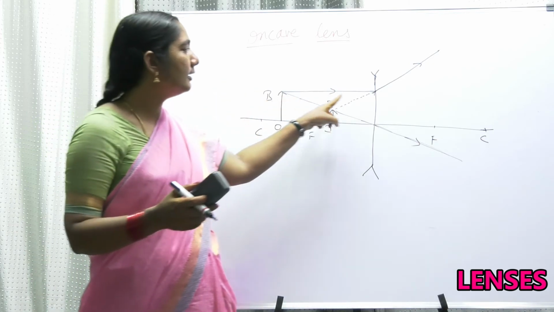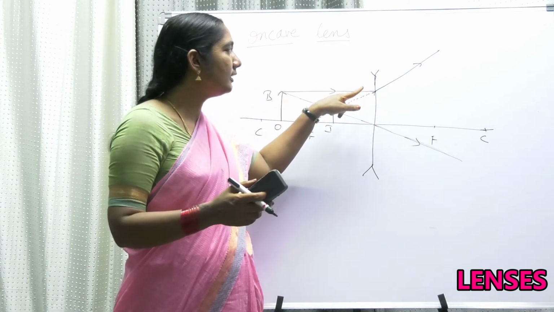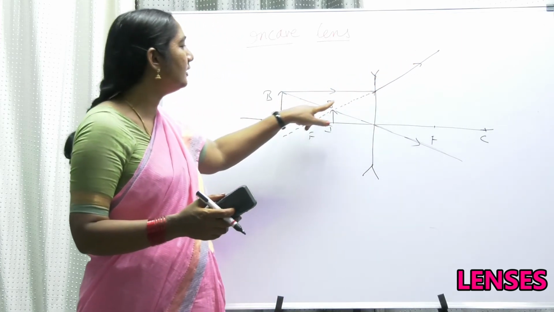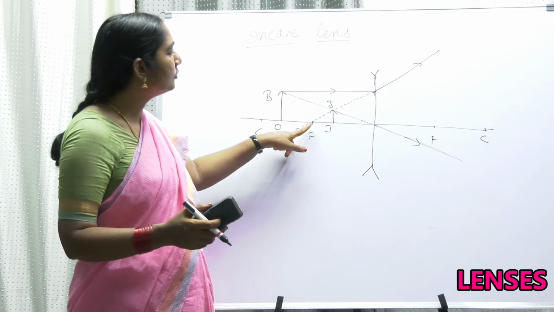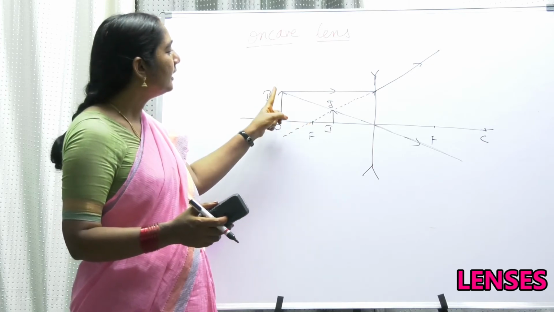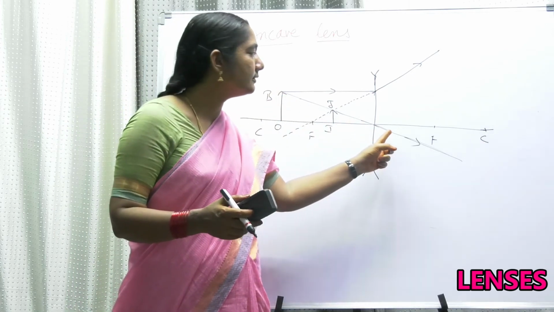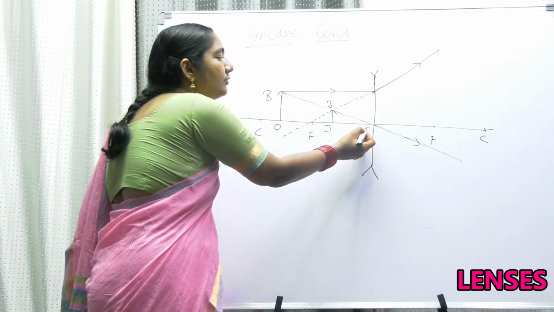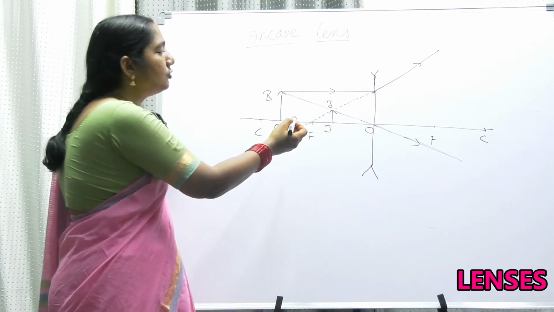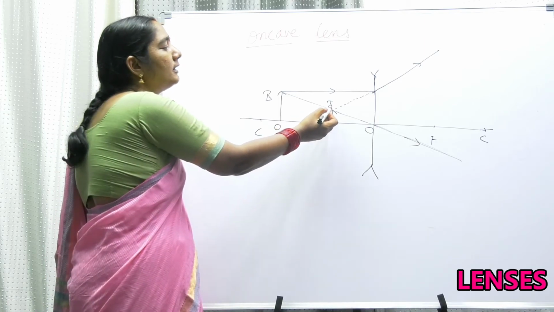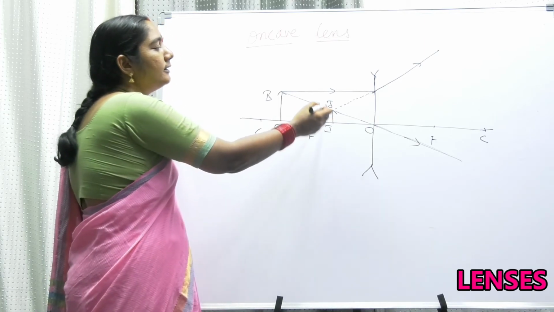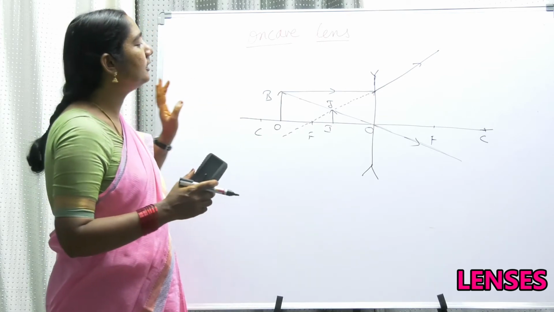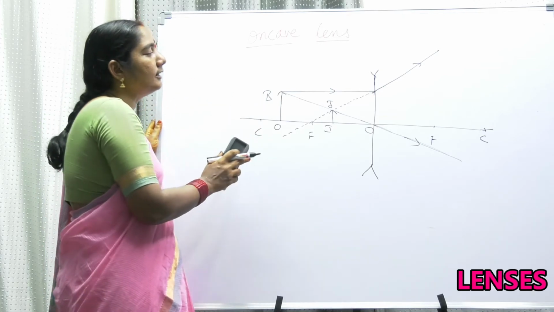The parallel beam after refracting has to get deviated in such a way that it appears to pass through the principal focus, and the ray which passes through the optical center goes without any deviation. These two appear as if they are meeting at a point. This point is the place where the image is formed. In this case it is a virtual image. We cannot catch this on a screen.